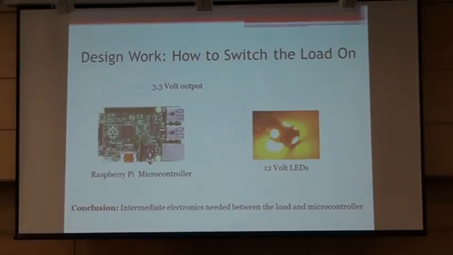The Raspberry Pi microcontroller can only output a 3.3 volt signal, so it's impossible to turn on a 12 volt LED with that voltage. So some intermediate electronics are going to be needed between the load and the microcontroller.